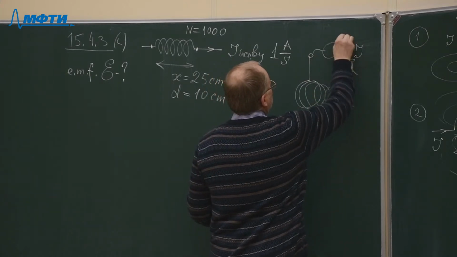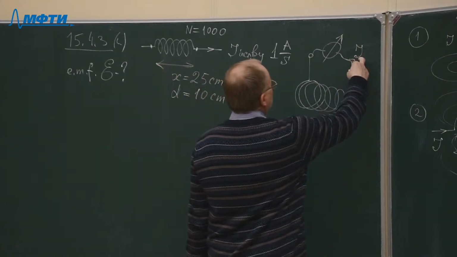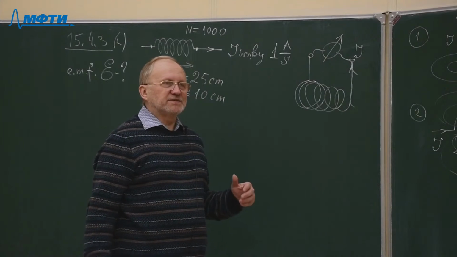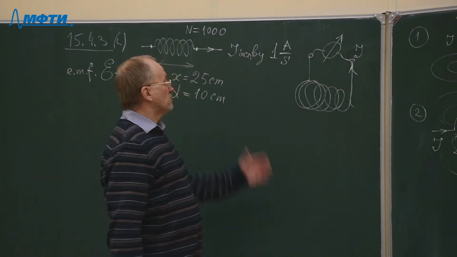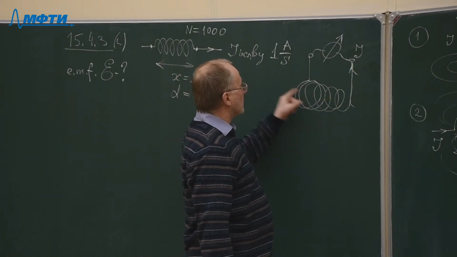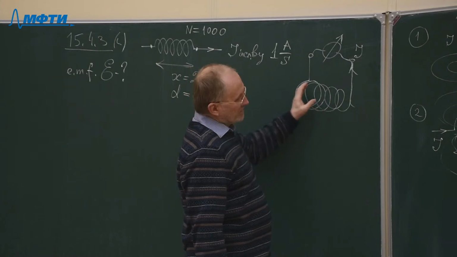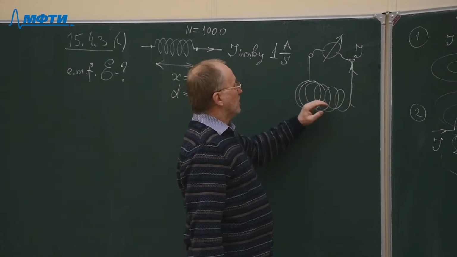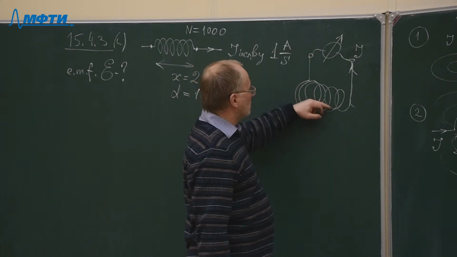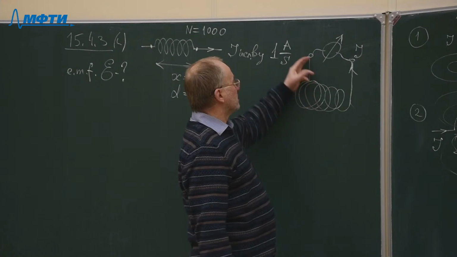And if we attach a galvanometer to the terminals of this coil, and if the current flows here, it means that there is some electromotive force. Some force is acting on the electric charges, electrically charged particles, whether positively charged or negatively charged. Some force will act on the charged particles, and the positively charged particles will flow in one direction, while negatively charged particles will go in opposite direction.